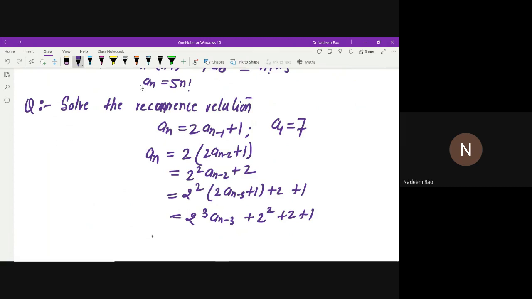Similarly, it will go up to k, that is a_n equals 2 to the power k a_{n-k} plus 2 to the power k minus 1 plus 2 to the power k minus 2 and so on plus 1.